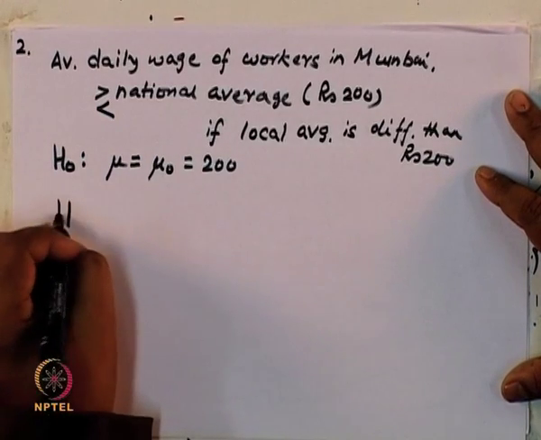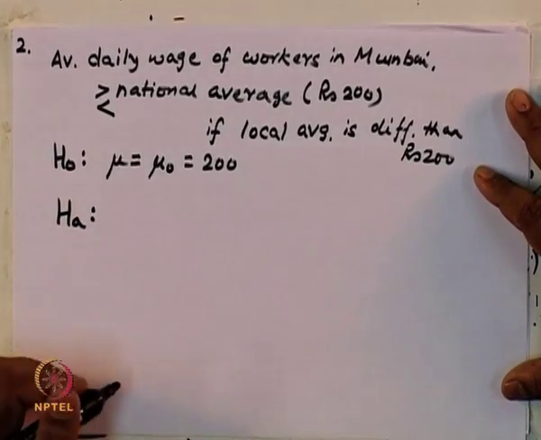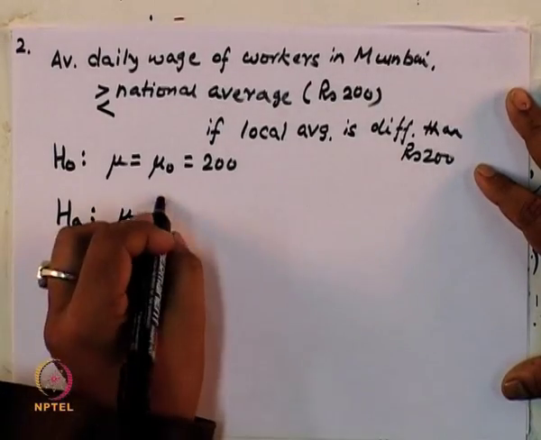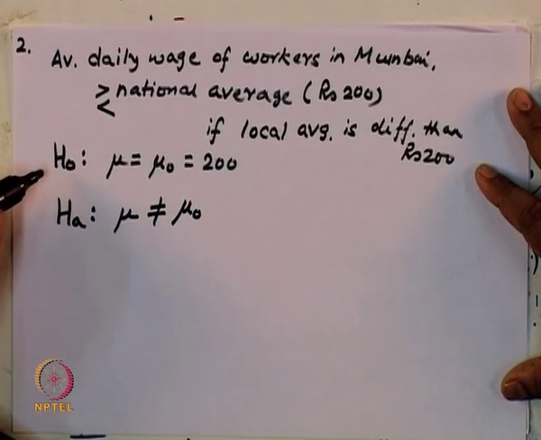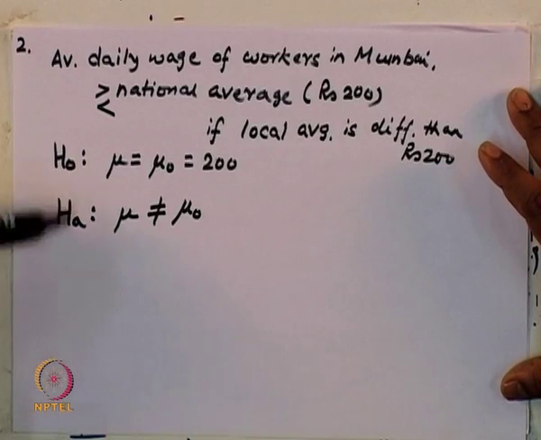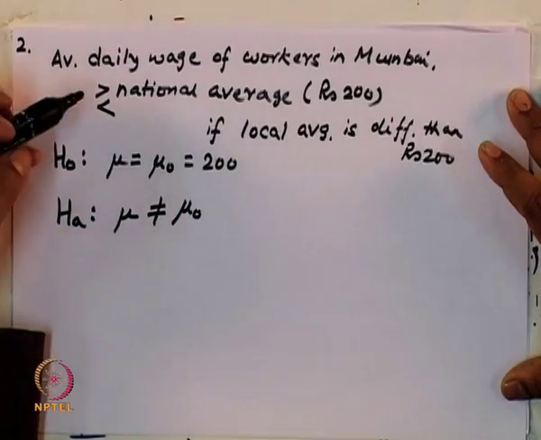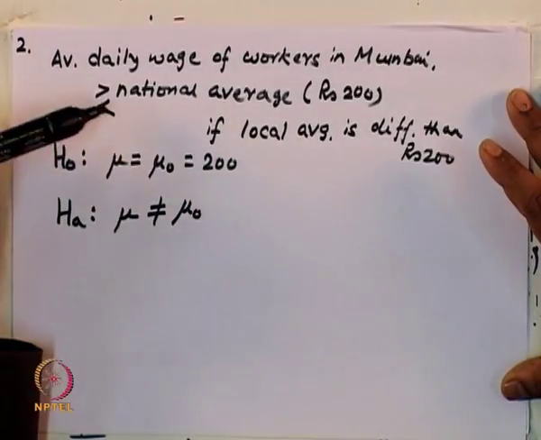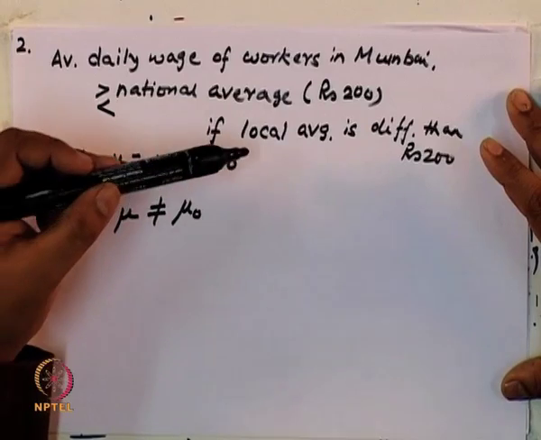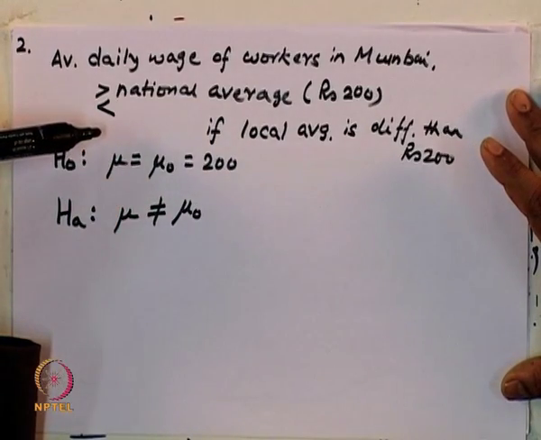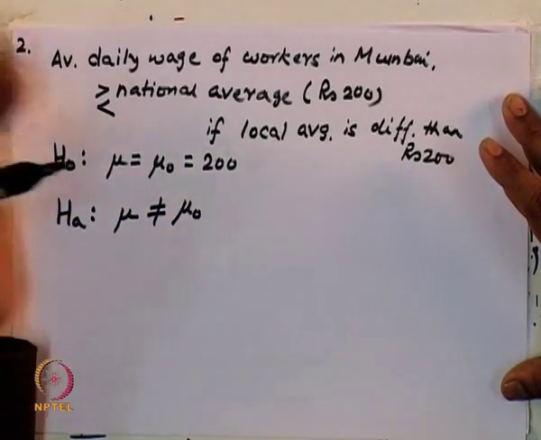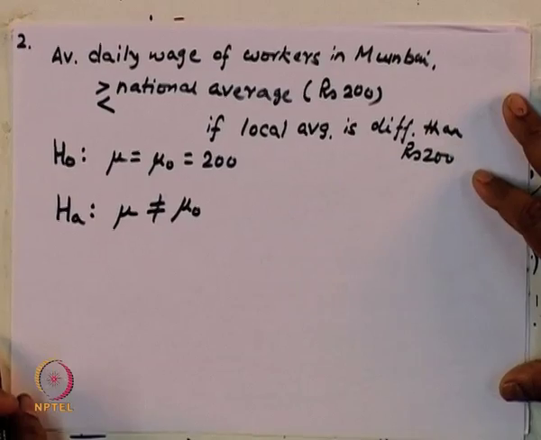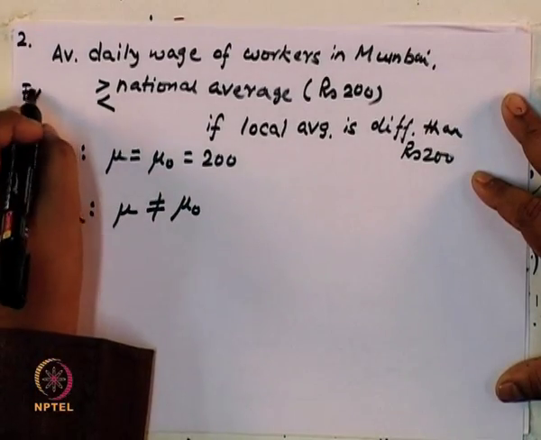And H A assumes mu is not equal to mu naught. In this example, we do not discriminate whether the local average is greater or lesser than the national average. We want to know whether it is significantly different from whatever is offered nationally. So, this is example 1.